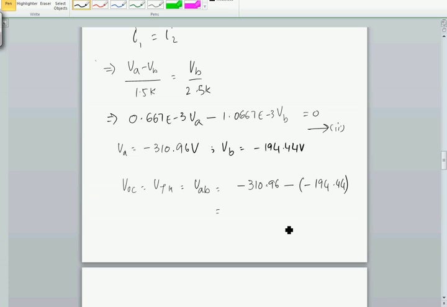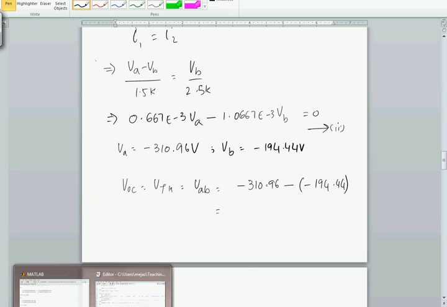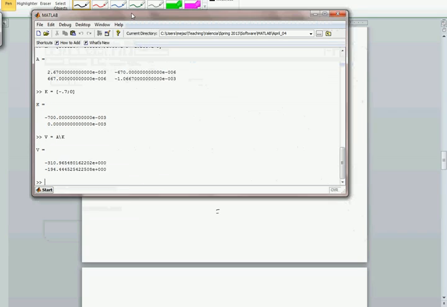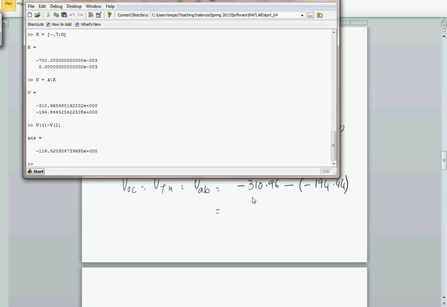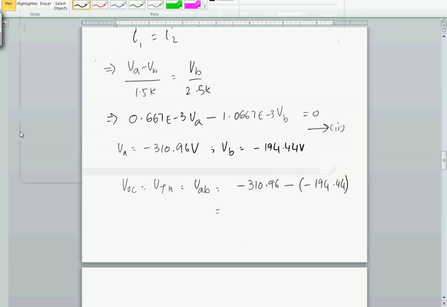Let's subtract it. V1 minus V2 is -116.52 volt. That is my Thevenin equivalent voltage between A and B.